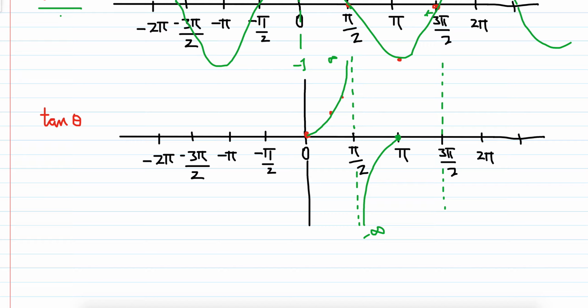But the nature of the graph is the same. So again cos is also defined for all the values of theta, because this sequence will repeat itself, and it also takes values between plus 1 and minus 1.